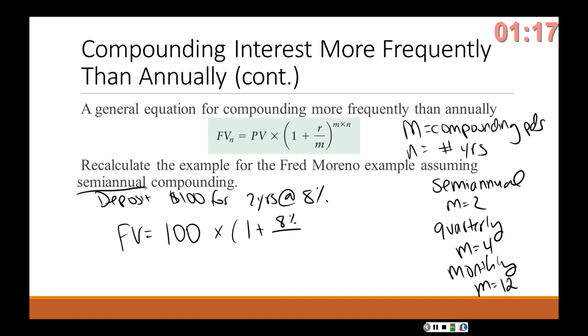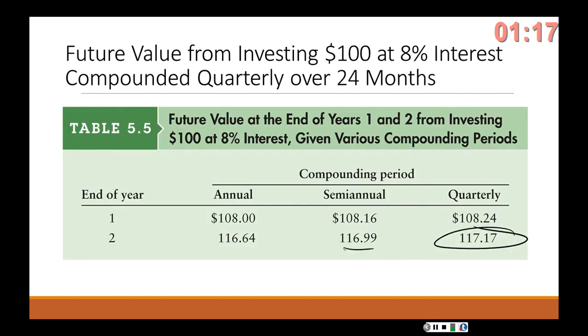We're saying semi-annual here. If it's semi-annual, M is equal to 2. Raise that to the number of compounding periods, which is 2, and multiply it by the number of years, which is 2. So if you work this out, you get $116.99, which is what we found on the previous slide.